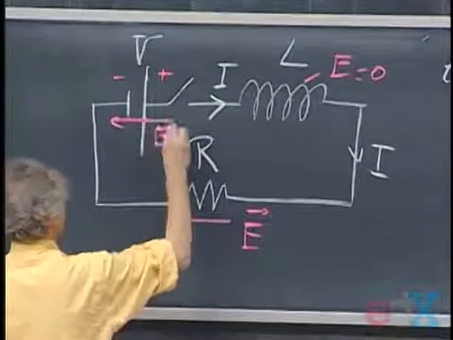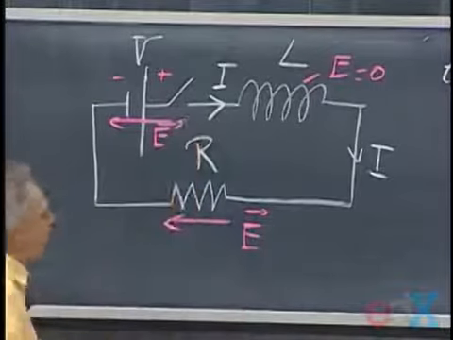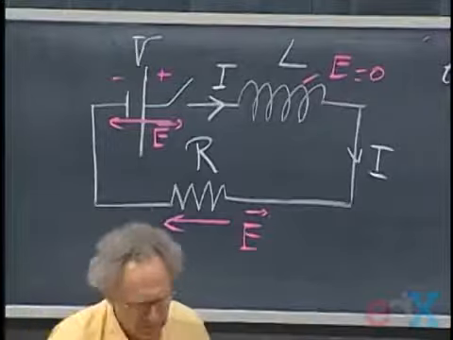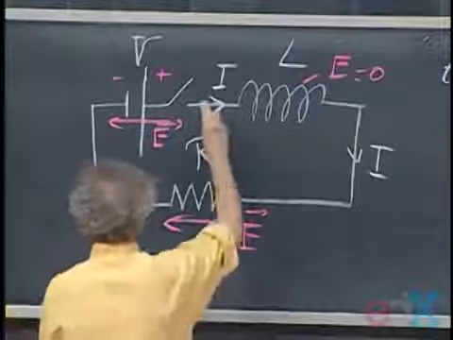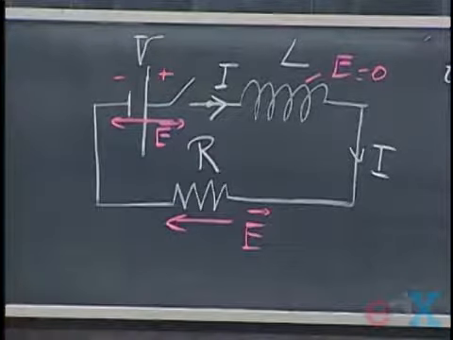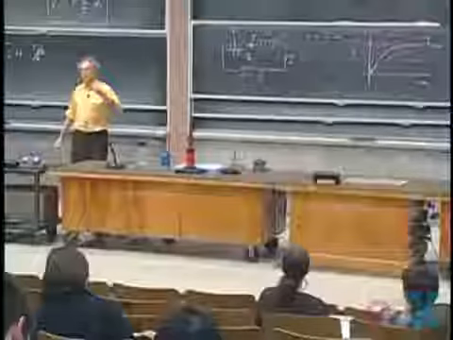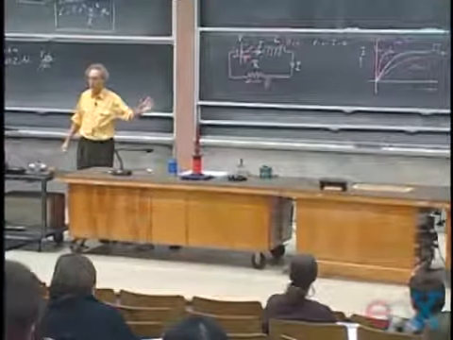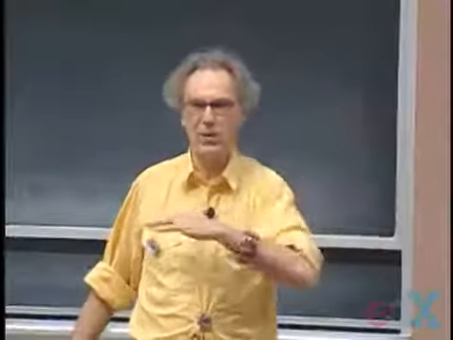So now I am equipped to write down the closed loop integral of E dot dl. I start here, and I always go in the direction of the current, and I advise you to do the same. I don't care if you guess the wrong direction for the current, that's fine. Later, minus signs will correct that.